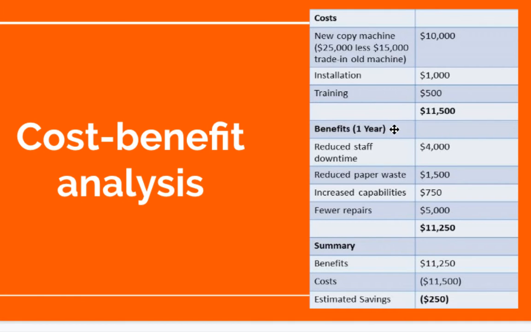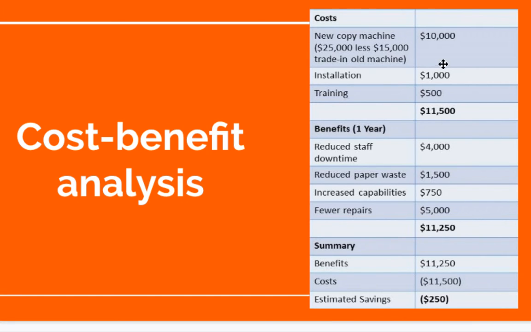The benefits in the first year would be reduced staff downtime, which could be $4,000, and this would be something you would have to figure out by doing a time study of the workers' progress or usefulness. You'd also have a reduction in paper waste of $1,500, increased capabilities, which is an added benefit to the organization, or in this case the school, and fewer repairs, which are very costly.